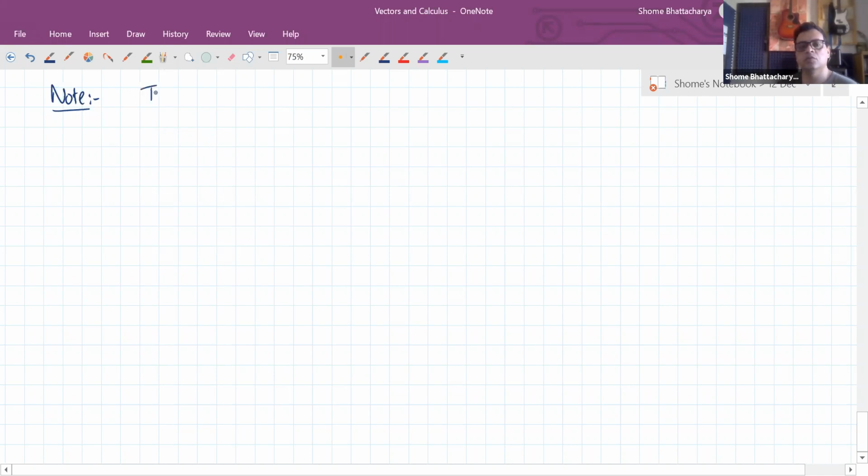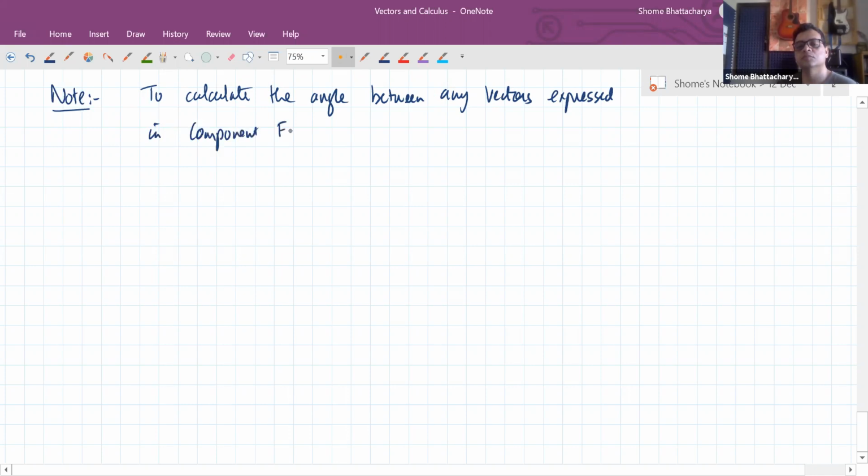So to calculate the angle between any two vectors expressed in component notation, we can use the dot product formula.